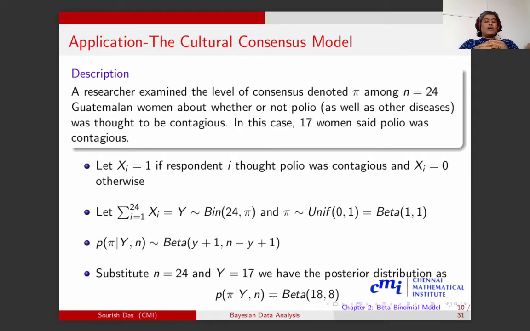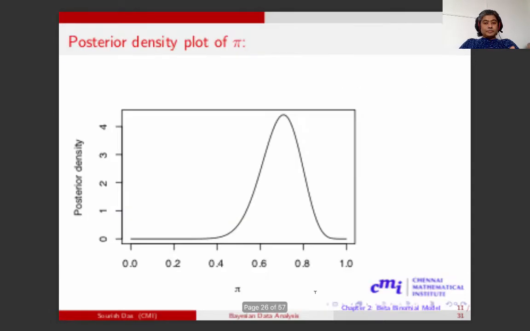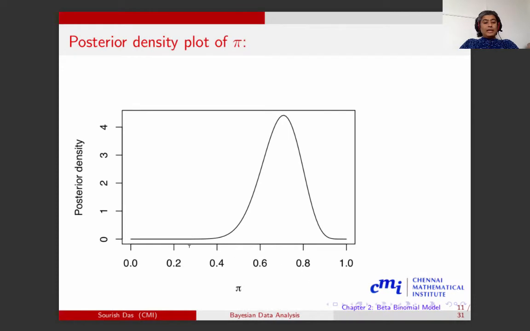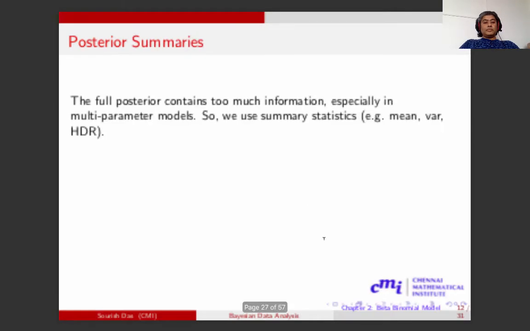It has a posterior distribution Beta(18, 8), a nice bell-shaped beta distribution with the highest probability near 0.7, and most of the probability mass between 50% and 90%.